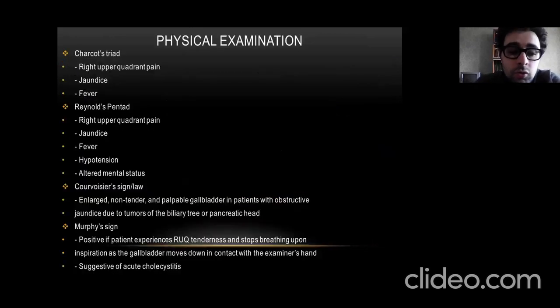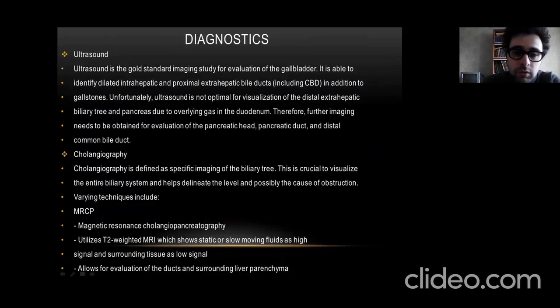Physical examination, you should look at these symptoms plus skin color and eye color. Plus to this, you should look at the symptoms of diseases that cause mechanical jaundice. On ultrasound, the standard investigation, you can see dilated extrahepatic bile ducts.